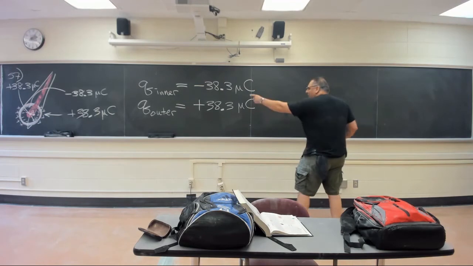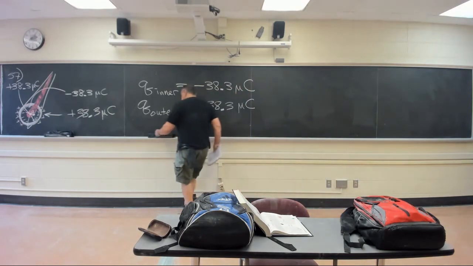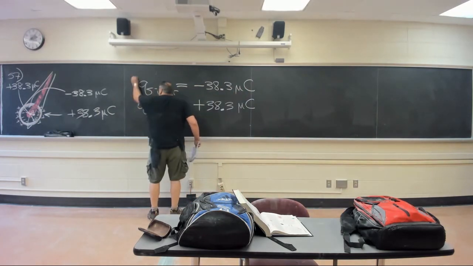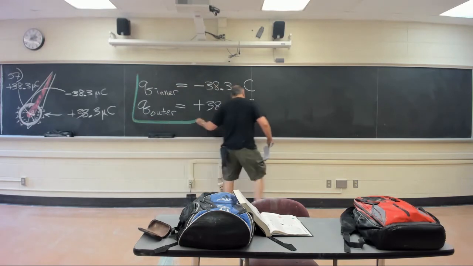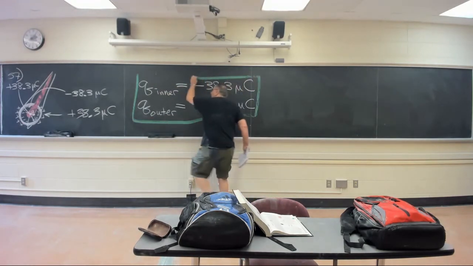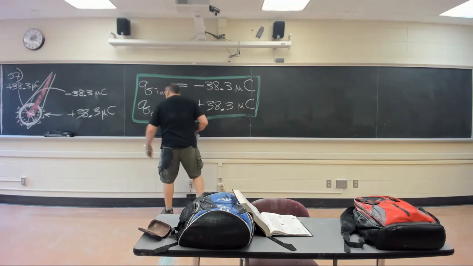That's the same. I just said that over there, but a little more formality in the statement, I guess you could say. All right, so that's what we're looking at for 57, you guys.